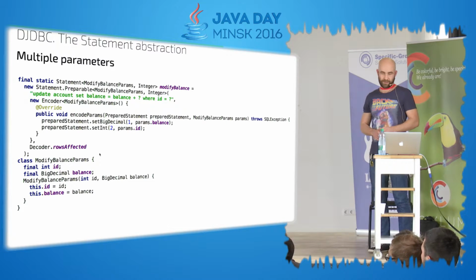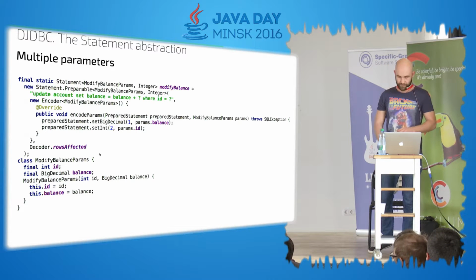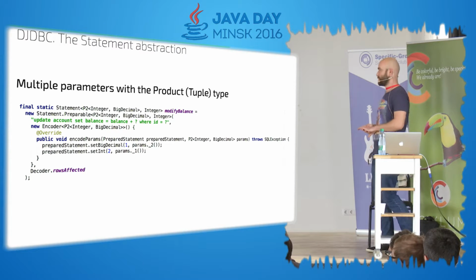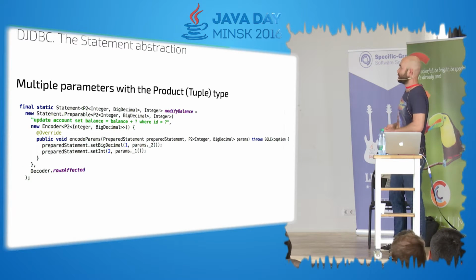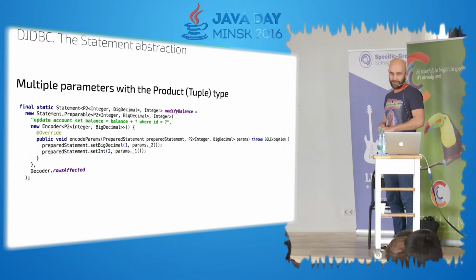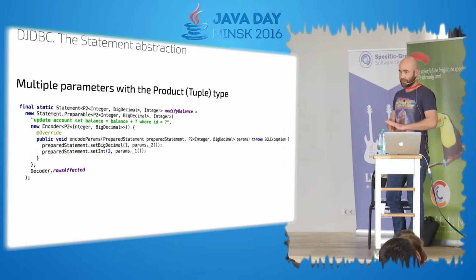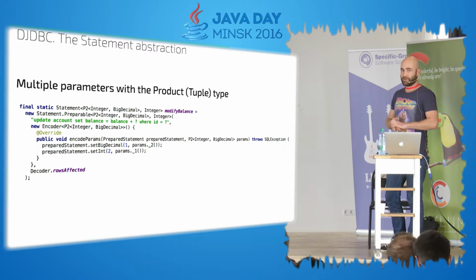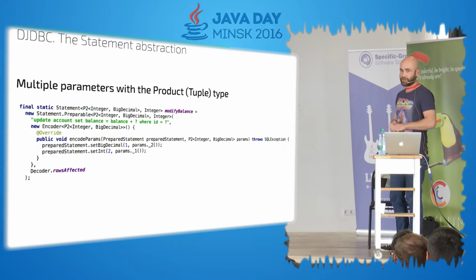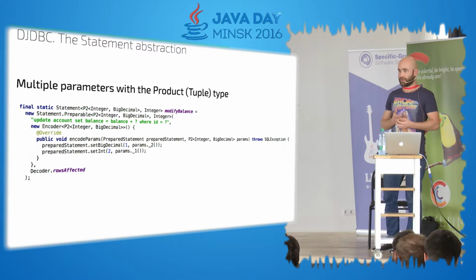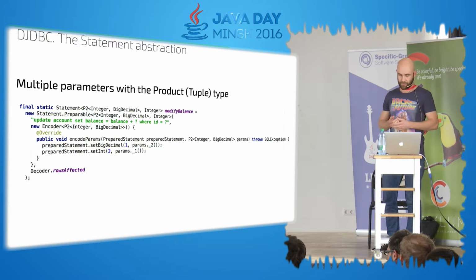And this thing is easily abstracted over using the typical solution from the functional world, which is called the product type or tuple. In this case, I'm using a quite popular library for Java. I'm pretty sure a lot of you know about it. It's called Functional Java. It has the namespace FJ, if you've ever seen it in some code.